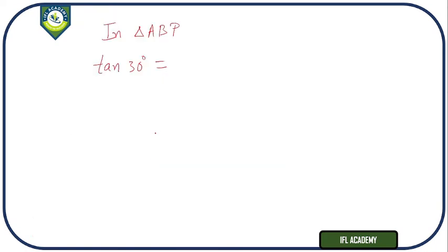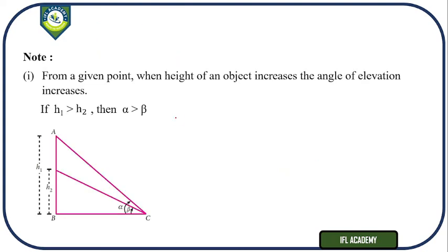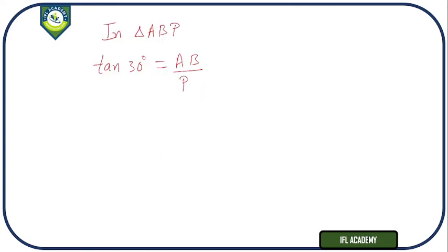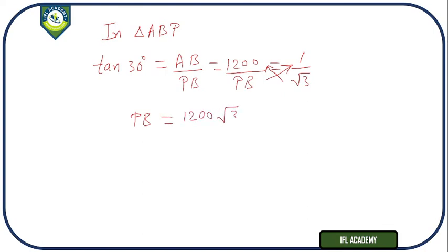AB upon base PB. AB is how much? AB is 1200 upon PB. The value of tan 30 is 1 upon √3. So this will be 1 upon √3. Cross multiply. So PB will be equal to 1200 root 3.